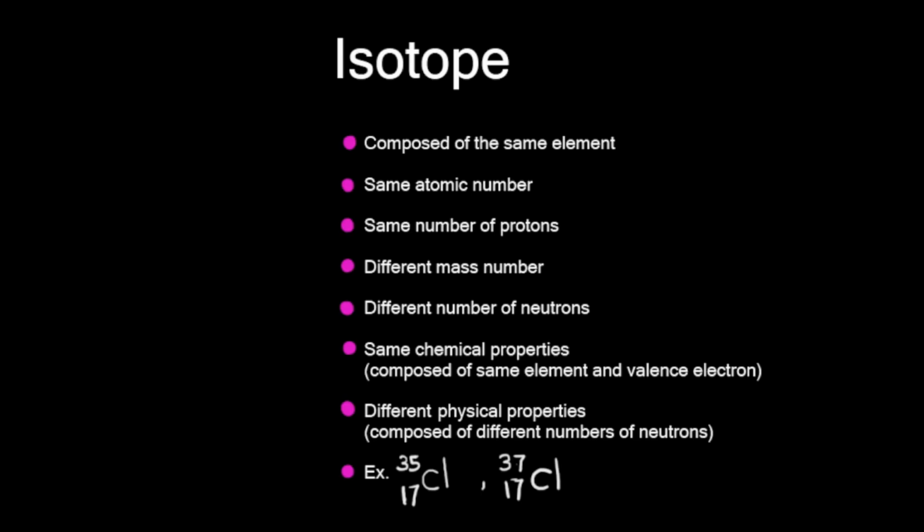On the other hand, isotopes often have different physical properties because the number of neutrons in their nuclei is different. Examples of physical properties that can vary include density, nuclear stability, and radioactivity, all of which depend on the number of neutrons and the nuclear structure. Examples of isotopes include chlorine 35 and chlorine 37, which are the two isotopes of the element chlorine.